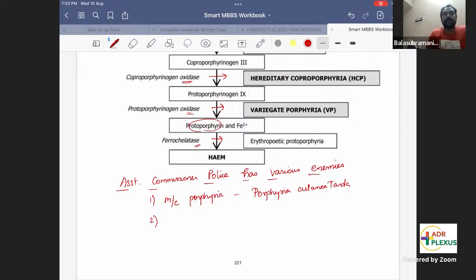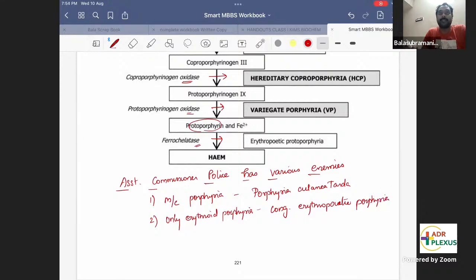Number 2. All the porphyrias are hepatic porphyrias except only one, erythroid porphyria. Which is the one? Congenital erythropoietic porphyria.